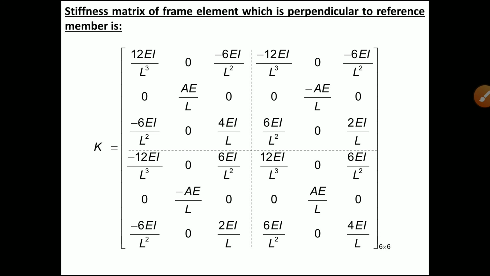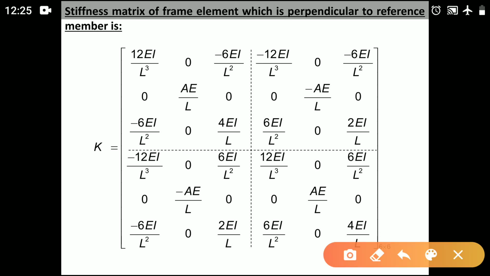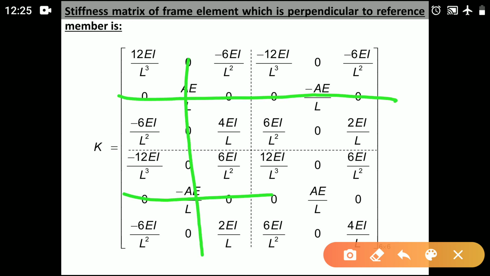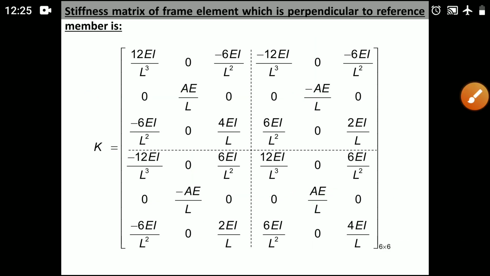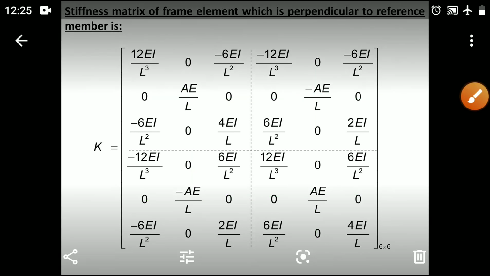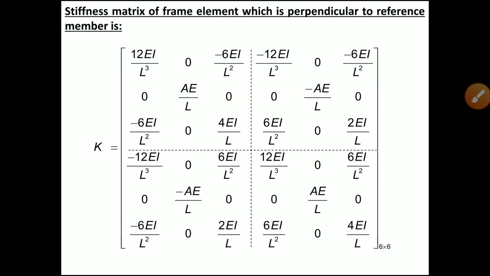Again, in this also we can make this 4 by 4 by neglecting axial deformation. This matrix includes the axial deformation AE upon L. But generally while solving the problem, we neglect the axial deformation of column as well as beam, the axial rigidity AE upon L. Okay.